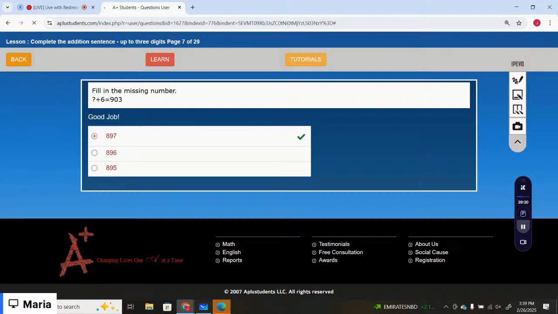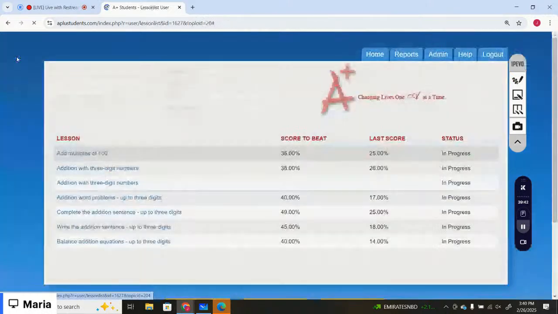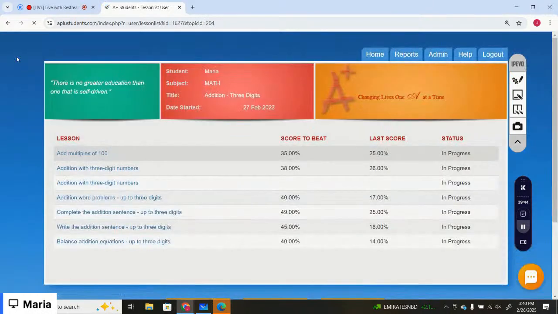So, we were working on grade 2 math. The chapter we are working on is addition 3 digits.